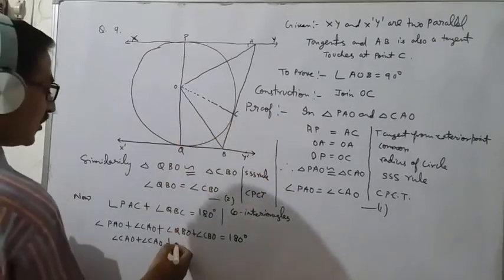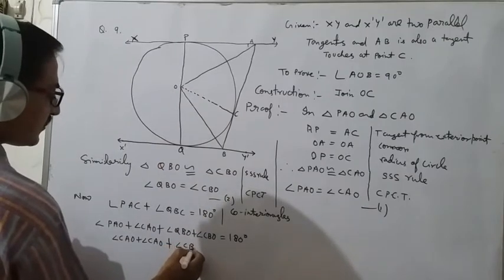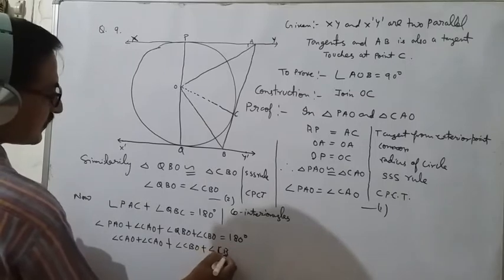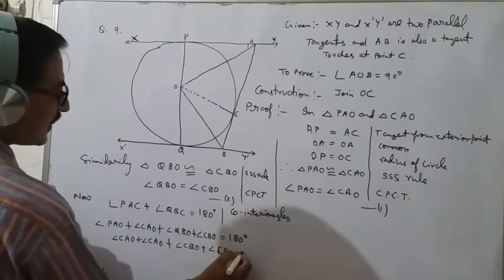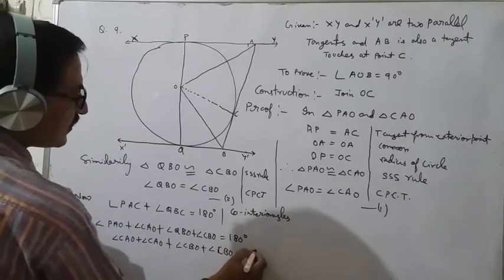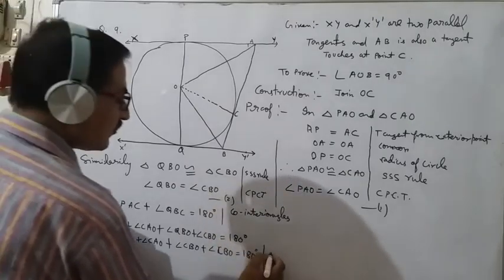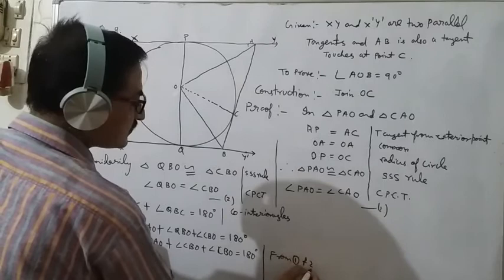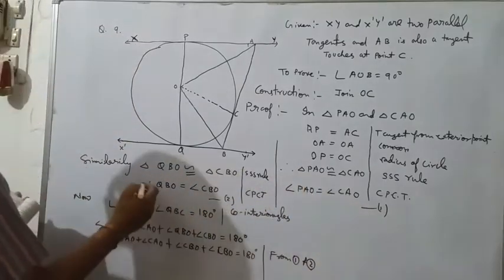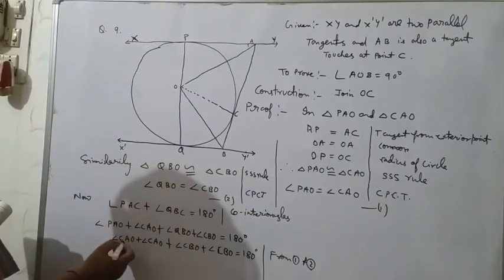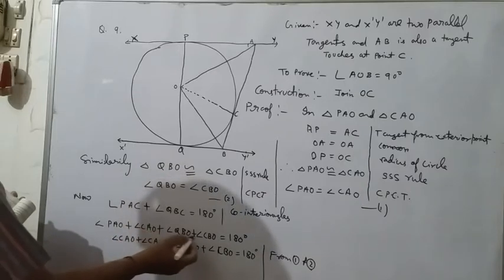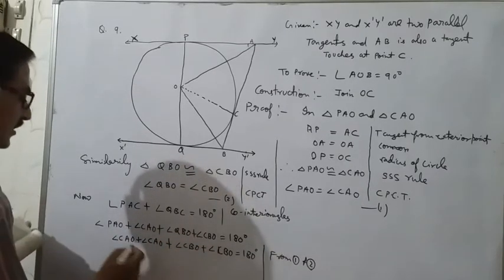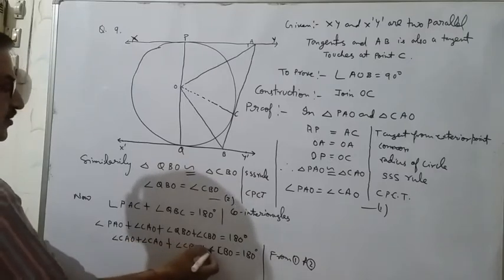So in place of QBO we can write angle CBO, equal to 180 degrees. This is from 1 and 2. We have got PAO equal to CAO, QBO equal to CBO. So in place of PAO write CAO, and in place of QBO write CBO, and that time this is 2 times CBO, 2 times CAO.